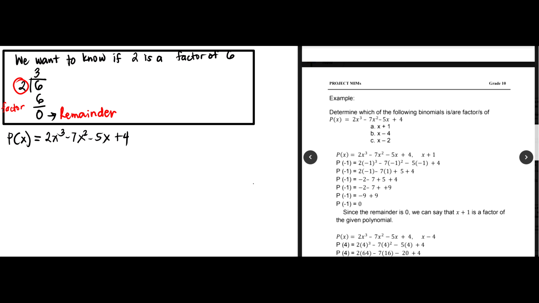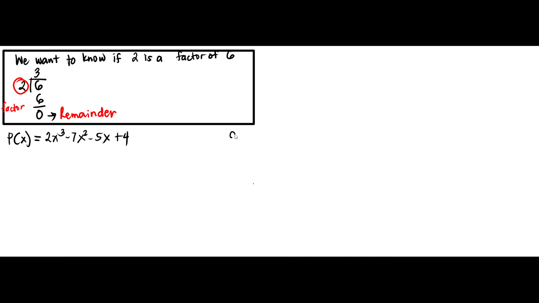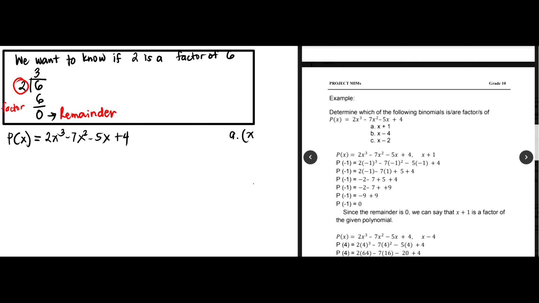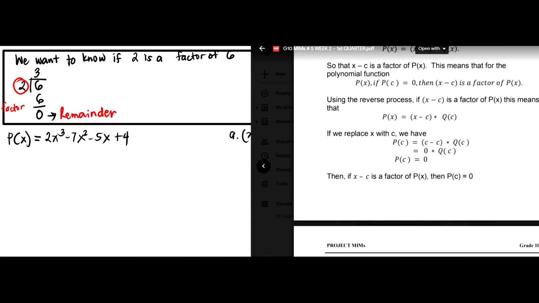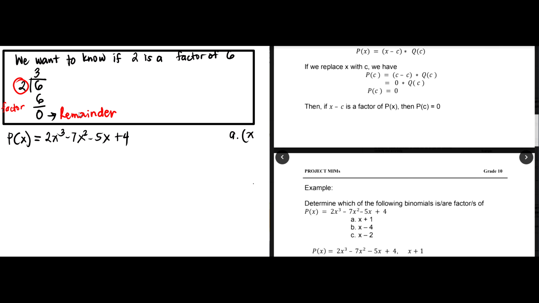Saglit lang. Ayan. Lalakayan natin ng konti yung board. So, we want to know si x plus 1.